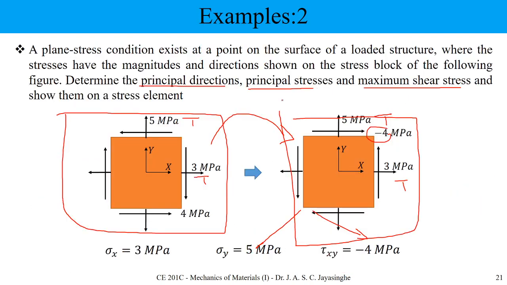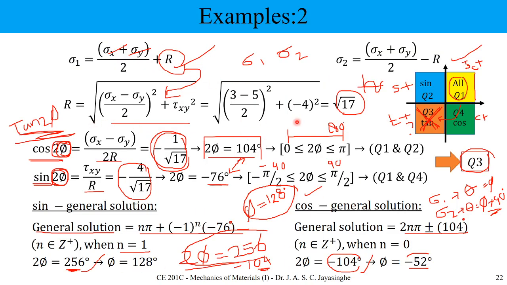Here also, what we are actually doing: the given system is here. First you need to plot it, or map it for your preferred element, and after that identify the parameters, and next use your equations. Just apply this equation, and when you come to find your angle, be a little bit careful.